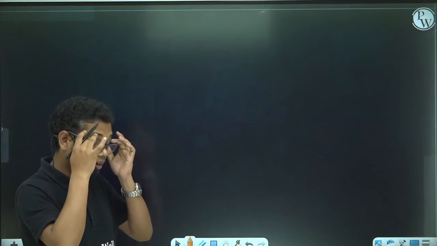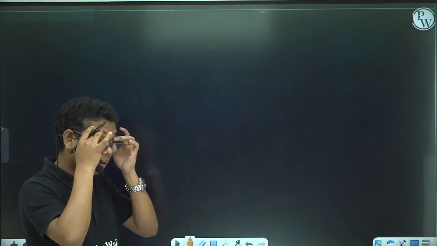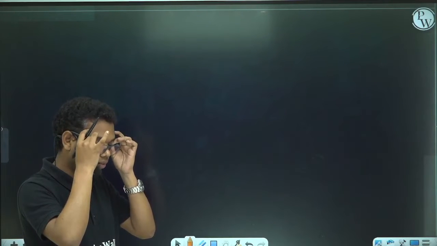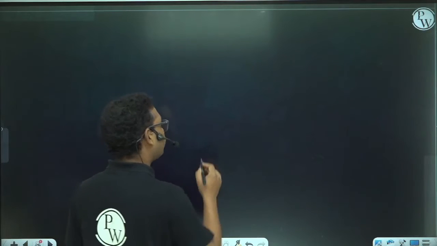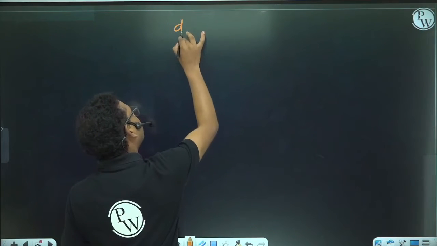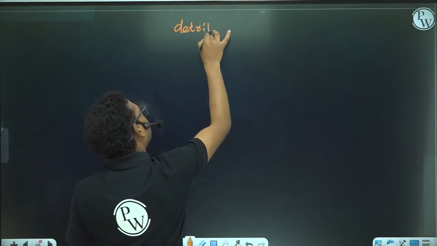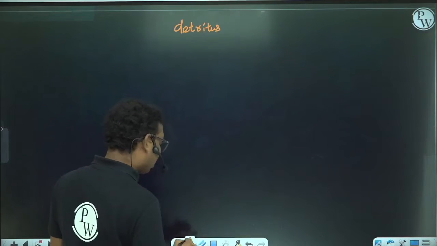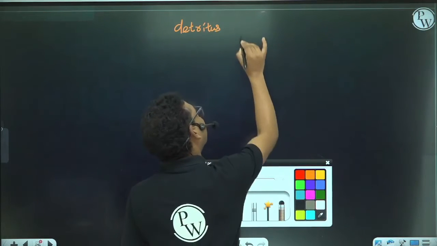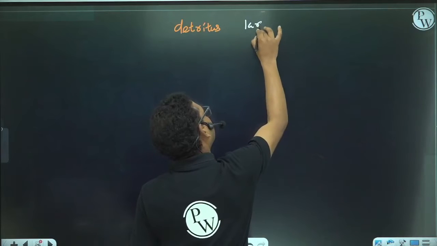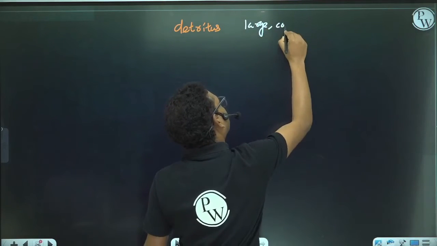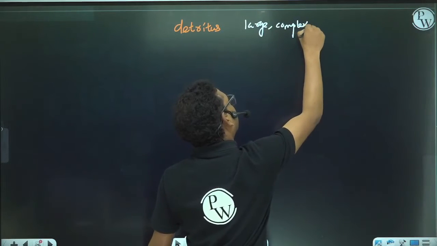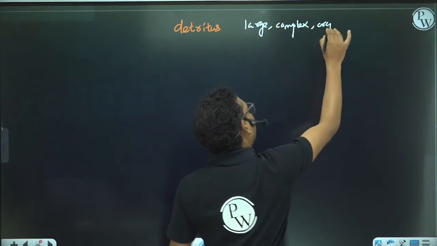So let us try to understand the mechanism of decomposition. Decomposition starts with detritus, which is organic, large and complex organic molecules.